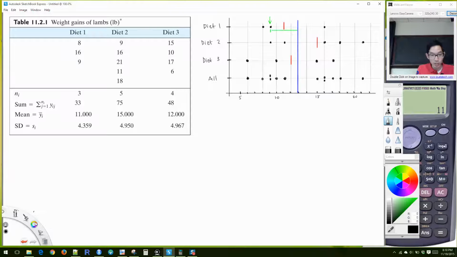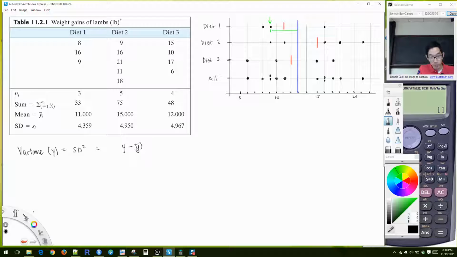Do you guys remember the formula for variance? Variance of y, which is basically standard deviation squared. The variance of a sample of data is we take each data point and subtract off its difference from the mean, right?